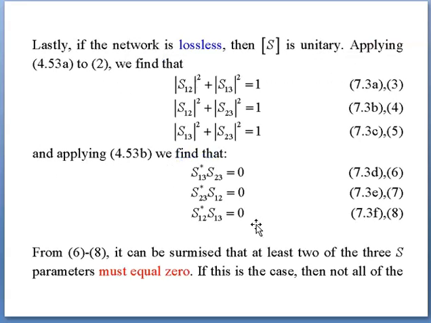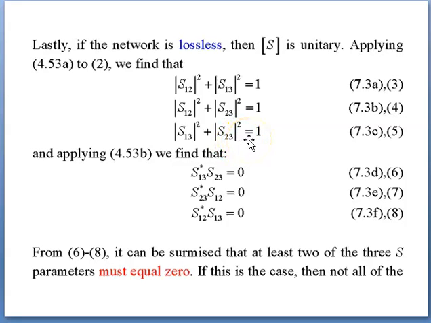Finally, the third requirement is that it should be lossless. When you have a lossless network, your S matrix should be unitary. What does it mean by unitary? We have learned in the previous lecture. Unitary is when the magnitude of S12 squared plus S13 squared is equal to 1, magnitude of S12 squared plus S23 squared is equal to 1, and magnitude of S13 squared plus magnitude of S23 squared is equal to 1.